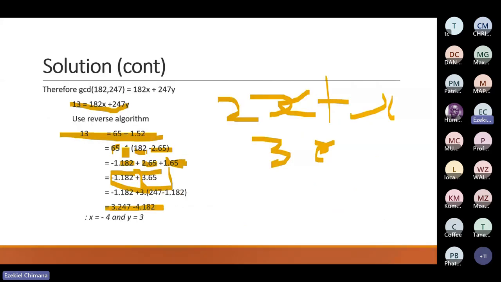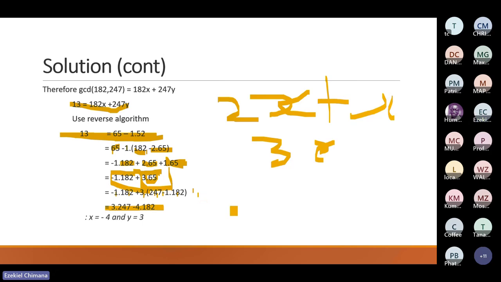So what you do now, you replace this 65 by this, and after that, you multiply everything by 3. So you get 3 times 247 and minus 3 times 182. And remember, we've got minus 1 times 182.